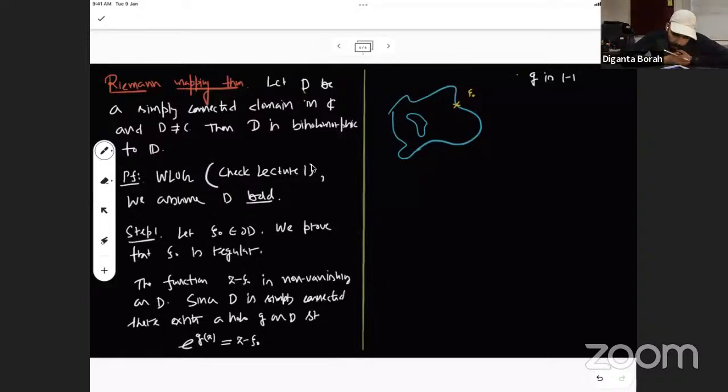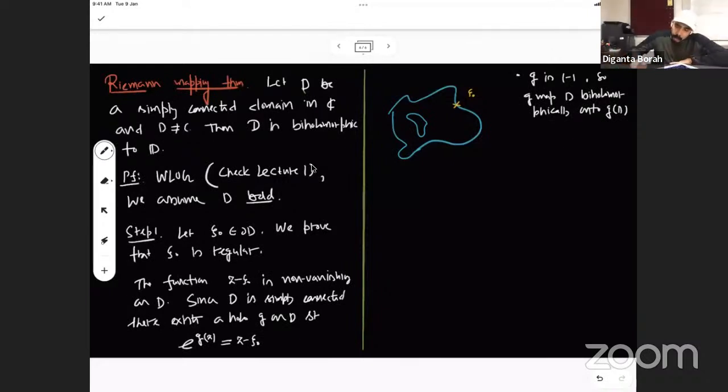So that means g maps D biholomorphically onto some domain g(D). We'll now try to understand how this domain g(D) looks.